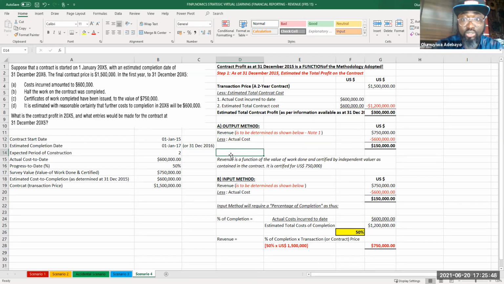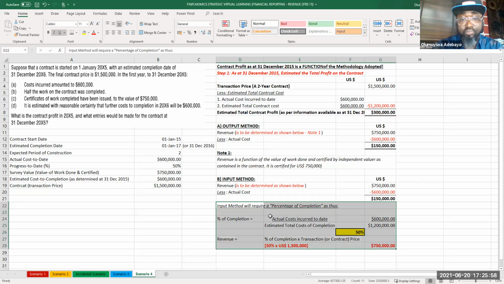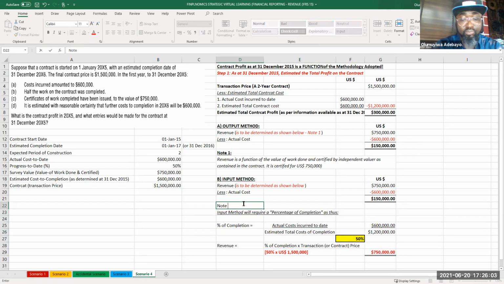Therefore, I'll call this note 1. Note 2. I'll reference it. Note.